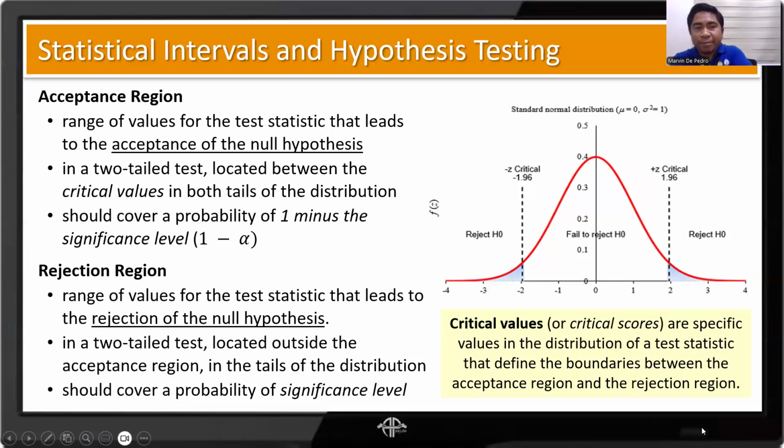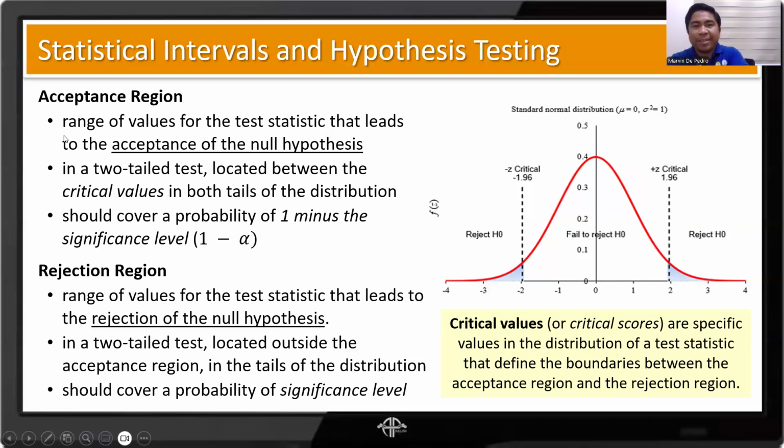If it falls between these two critical values, meaning it does not fall within the blue areas, then we accept the null hypothesis, or technically, we fail to reject the null hypothesis.